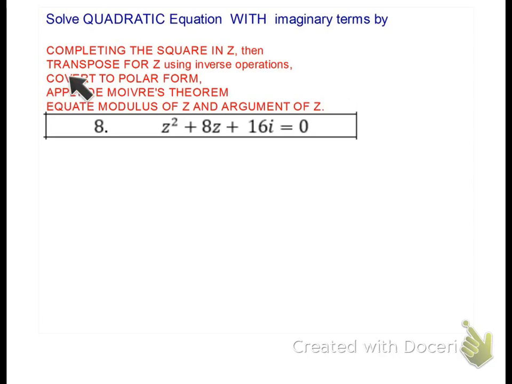Then we're going to start to transpose for z using inverse operations, bringing the imaginary unit 16i over to the other side through subtraction. And then we convert to polar form and apply De Moivre's theorem, just like we've approached the problems previously. So think about that method and see if you can solve this example on your own.